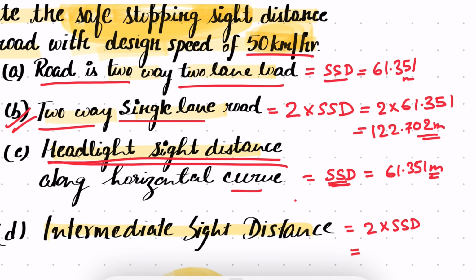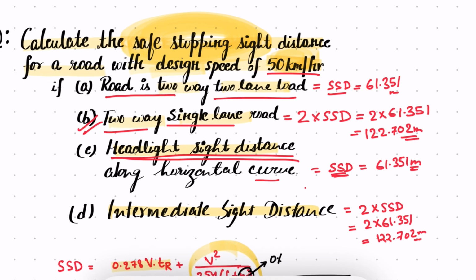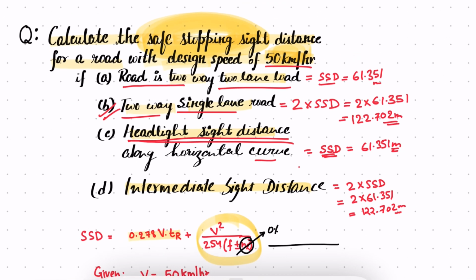So it will again be twice of 61.351, which is equal to 122.702 meter. Fix your calculator to two decimal places so that you can get a more acceptable answer. Okay, so this is the solution for question number one.